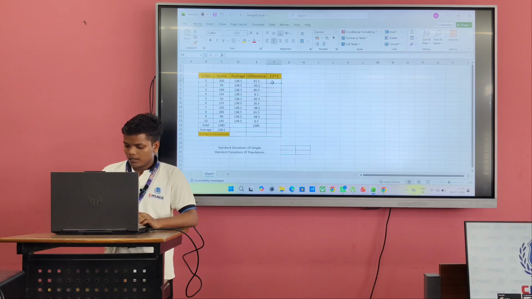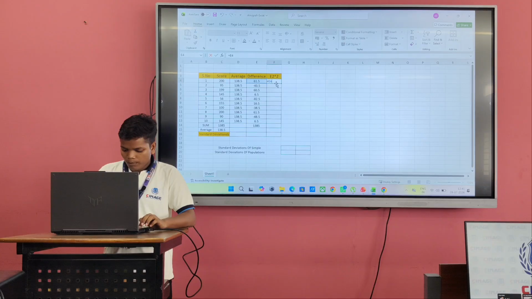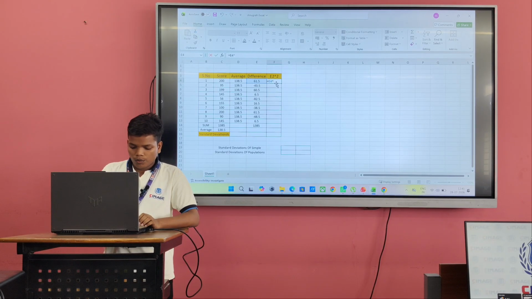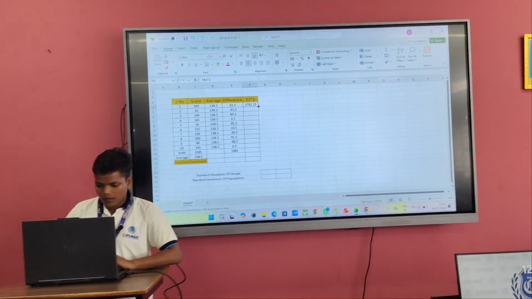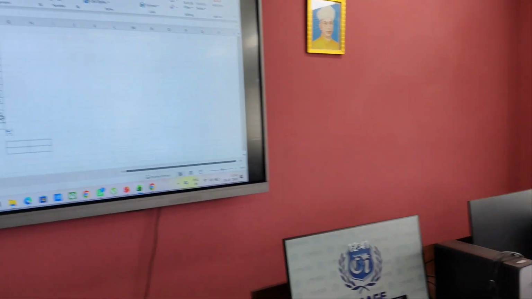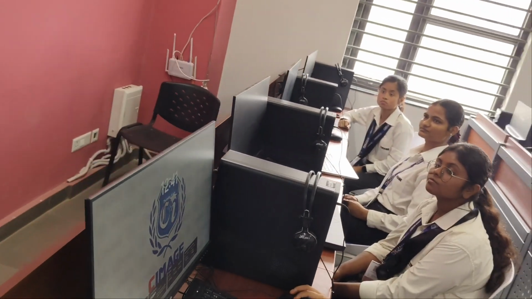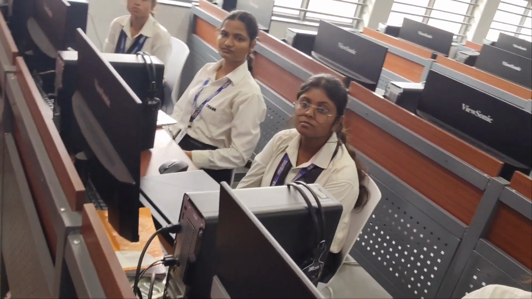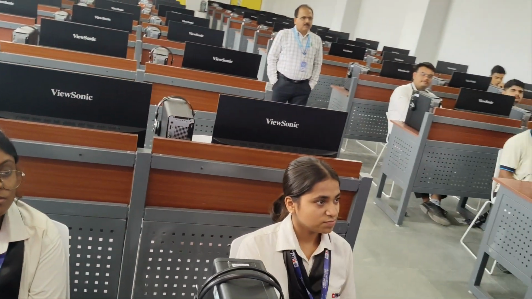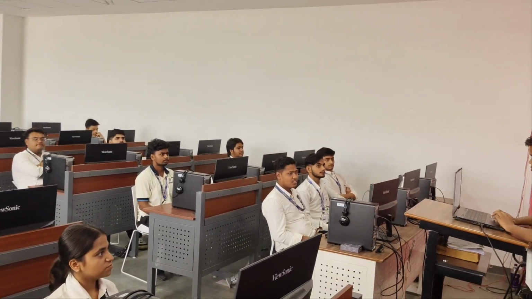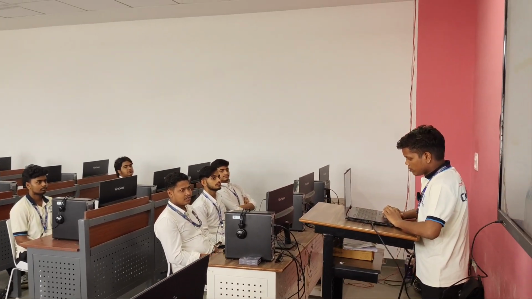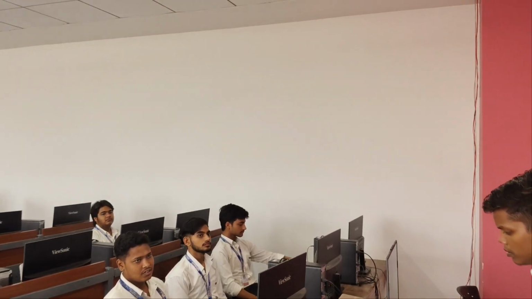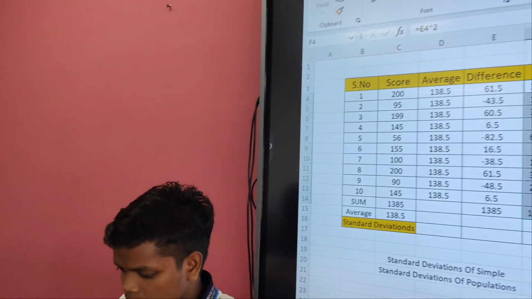And next is equal to select this data and shift and 2. This is the answer.